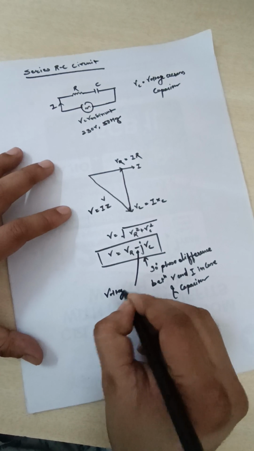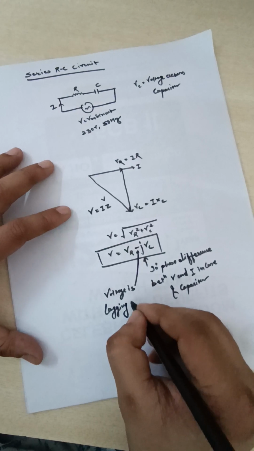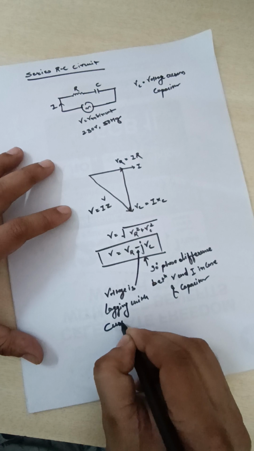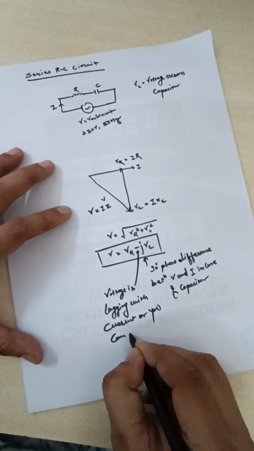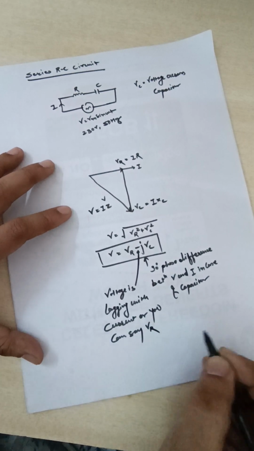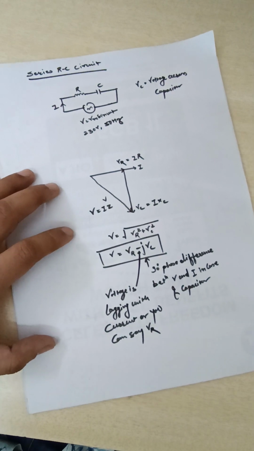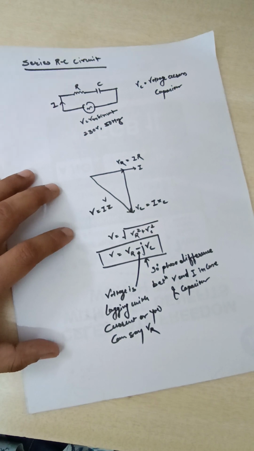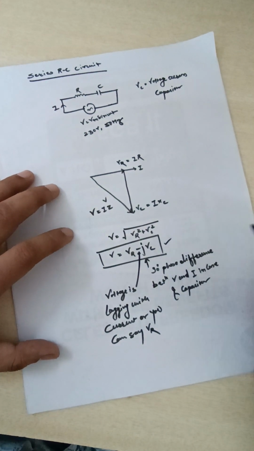Because the voltage is lagging the current, or you can say VC is lagging the current, or the voltage across the resistor, by 90 degrees. So j is representing 90 degrees and the negative sign is representing lagging. So basically you can write the voltage in this form also.